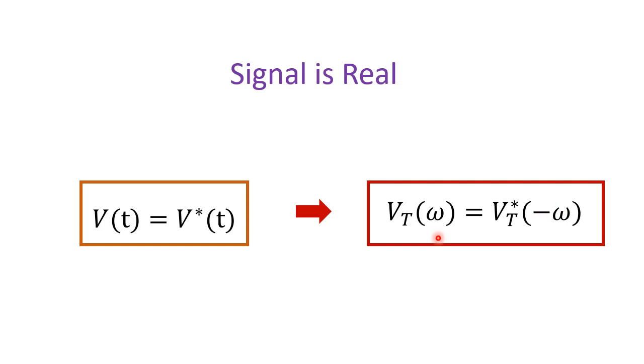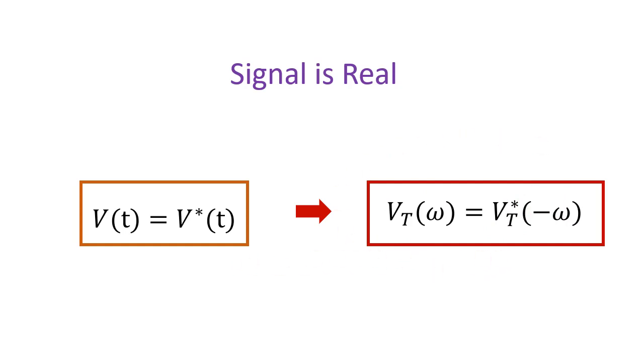Remember again that the integration over negative frequency is a mathematical step, and what it is telling me here is that the negative frequency content, if you complex conjugate it, is precisely the content in the positive frequency part. That is precisely what this statement is telling you, and because the signal is real, this relationship is true.